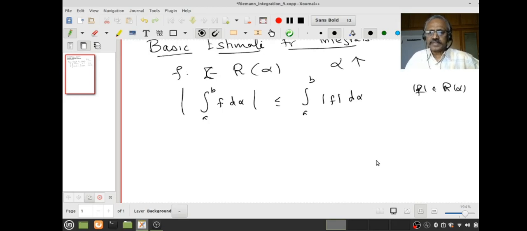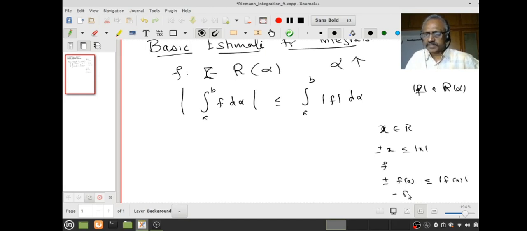The proof is again very easy. You know that if x is a real number, then plus or minus x is less than or equal to mod x. Therefore, if f is a real valued function, plus or minus f of x, this is a real number, and it will be less than or equal to mod f of x.